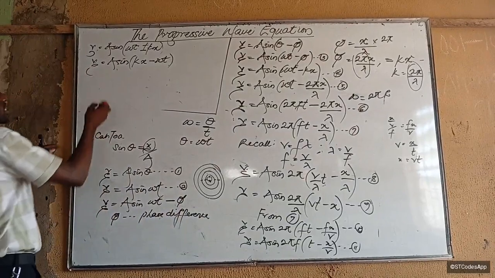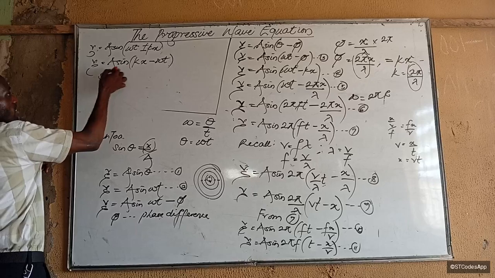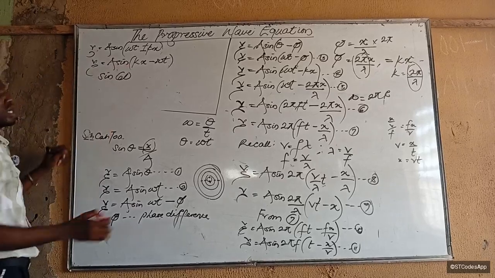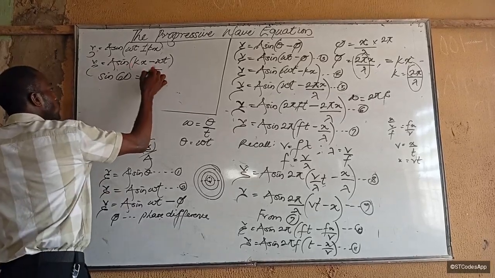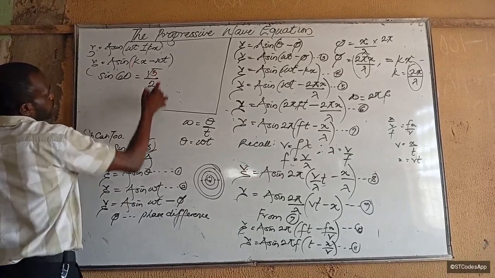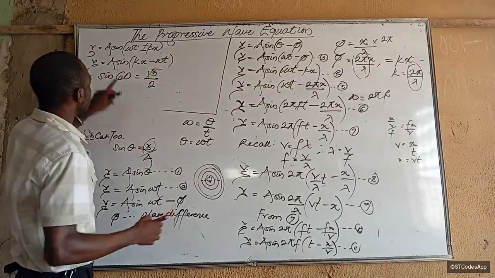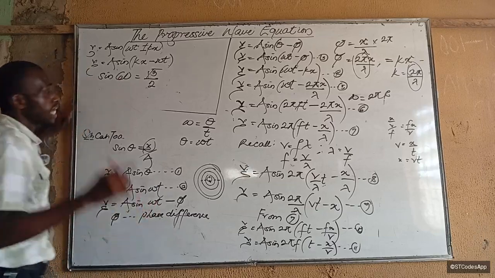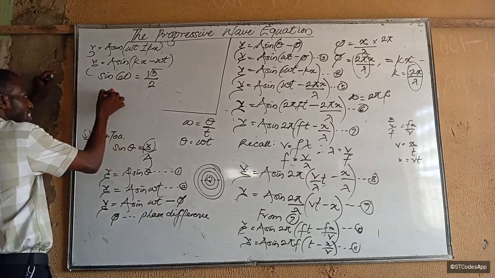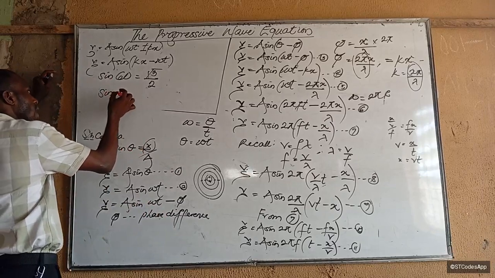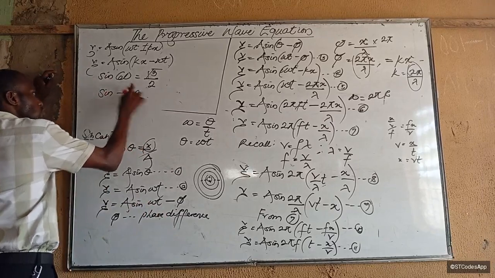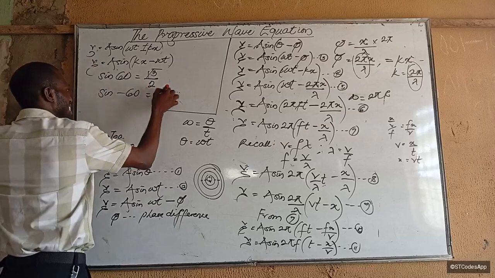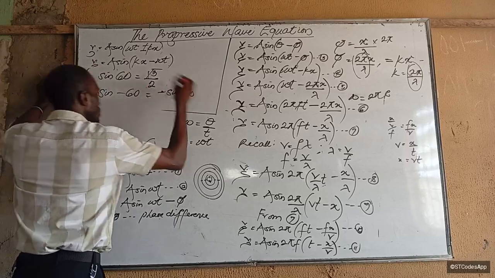Now, pick your calculator and punch this in. Sine of 60, for example, will give you root 3 over 2, isn't it? Now punch in the sine of minus 60. You will see that it is the same as the negative of sine 60.